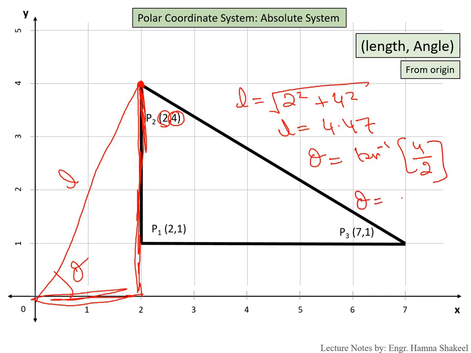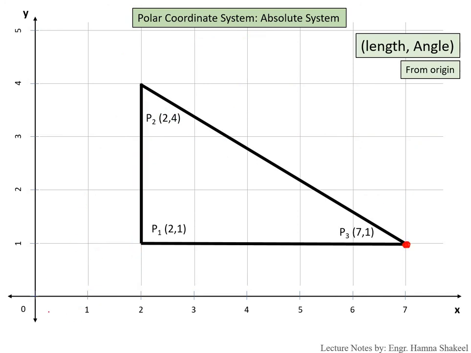So here the angle is 63.44. So the polar coordinate of point number P2 will be 4.47, 63.44 degrees. Again, this 63.44 degrees is in the anti-clockwise direction.